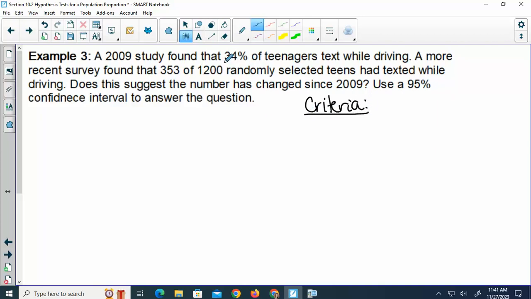Okay. This is the percent, so we're dealing with the p. We have to check that the n times p times 1 minus p is greater than 10. What's my n? The p.